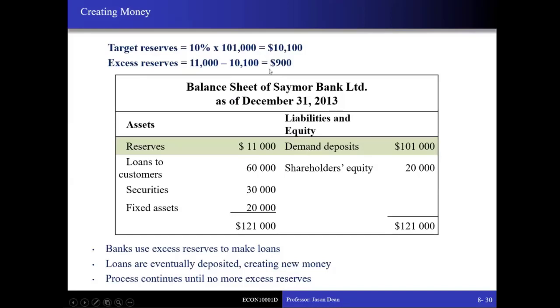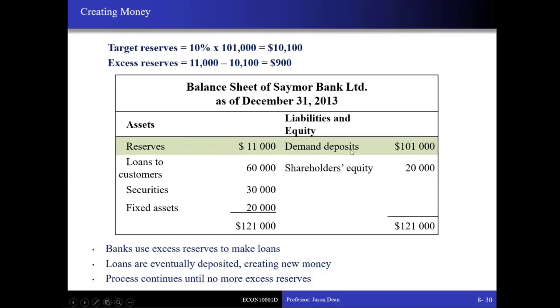If they just lend this out immediately, that still doesn't make things balance out in terms of the actual and target reserves. They'd have to make quite a few loans. If you think about the same bank making loans, and let's say all the money stays in the bank, this is going to go on for quite a while before the total demand deposits will be the same as the actual reserves.